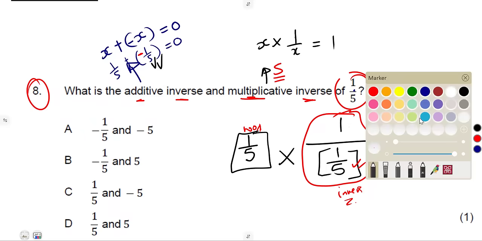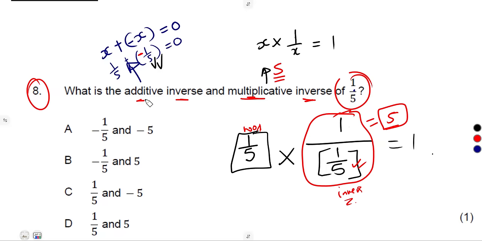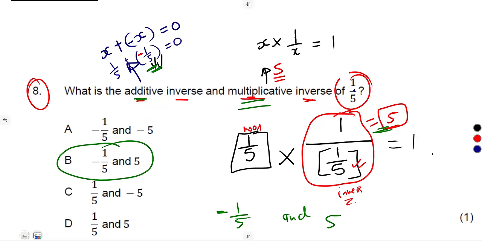So according to our answers, additive inverse, we said minus 1 over 5, and multiplicative inverse, we said simplified to 5. So where do we have minus 1 over 5 and 5? That is on B. So for number 8, the best one was going to be B.